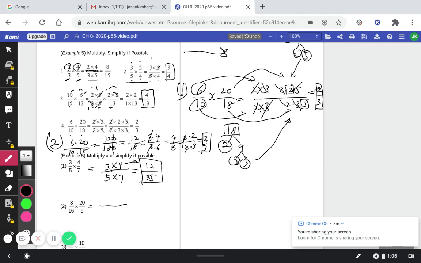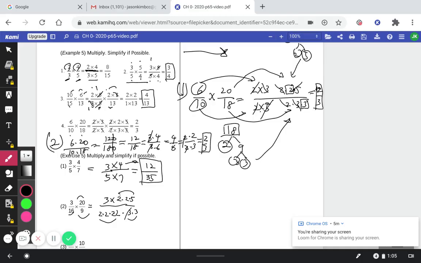Second one, 3 is okay, but 20 you have to break into 2 times 5, and 16 as 2 times 2 times 2 times 2, with a 9 as 3 times 3.